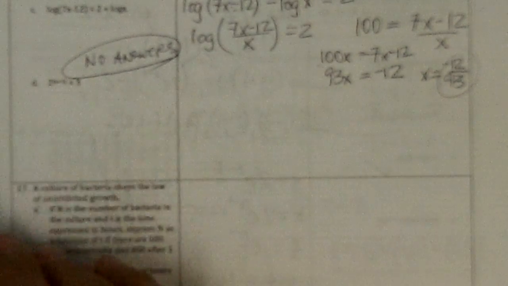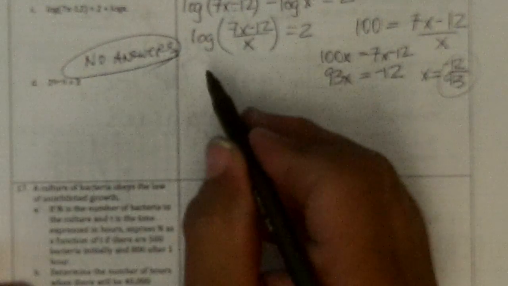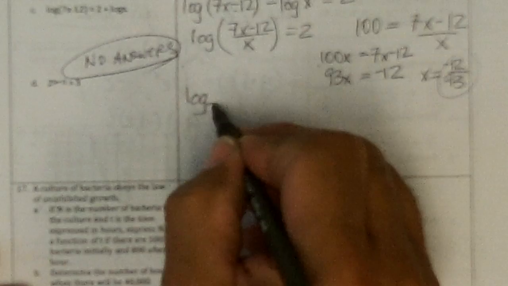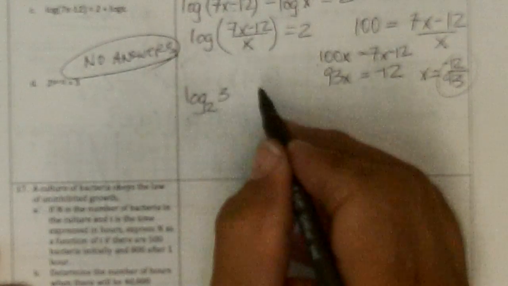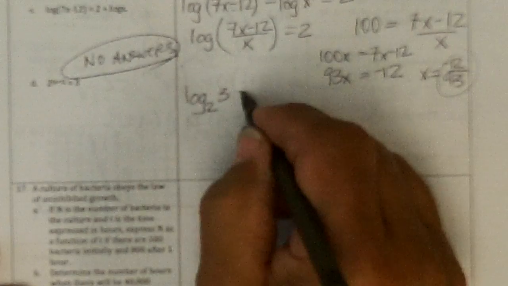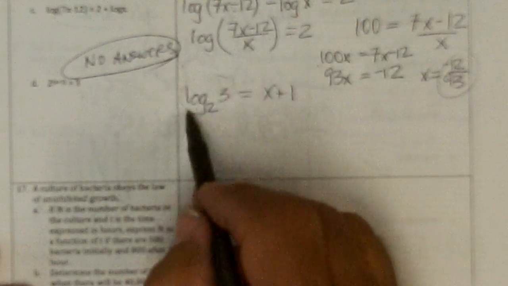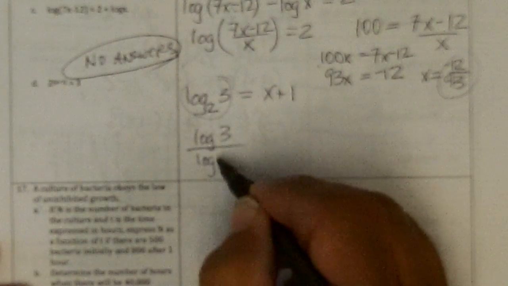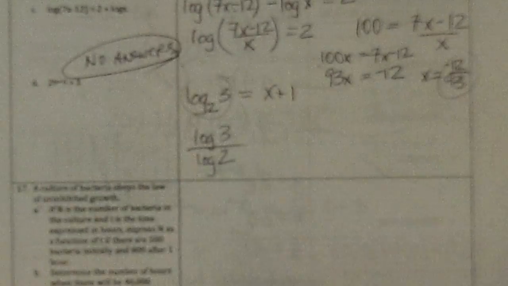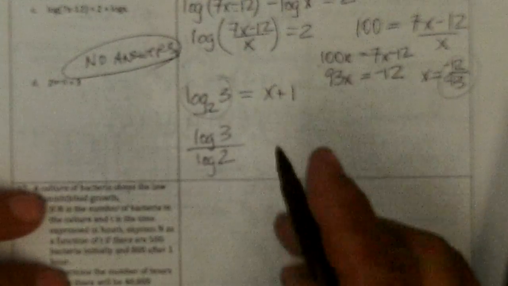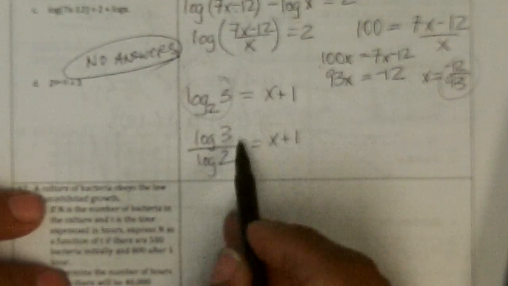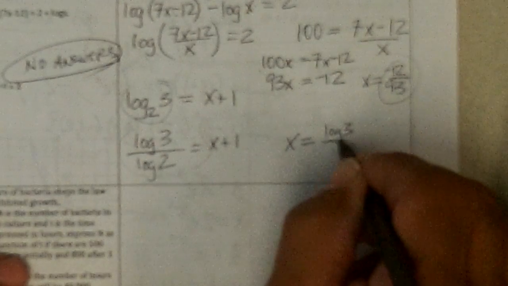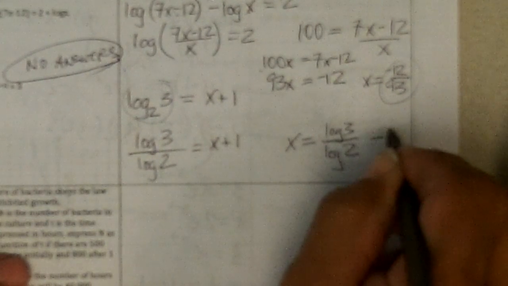All right, this one, we're looking for the power, so let's change it from a power equation to a log. So log base 2 of 3, to what power to take 2 to get 3, and that answer was x plus 1. Now I can work that out by taking log of 3 over log of 2. That's the change of base rule. And that's equal to x plus 1. And so if I subtract 1 from both sides, I get x equal log 3 divided by log 2 minus 1.